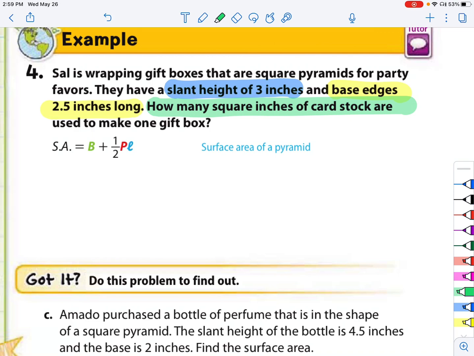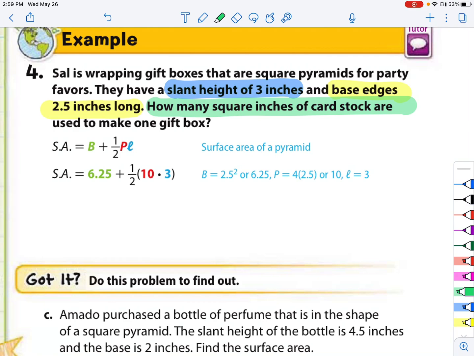We know that our base is 6.25 and our perimeter is 10. How do we know it's 6.25? Because it is a square pyramid, as mentioned right there.